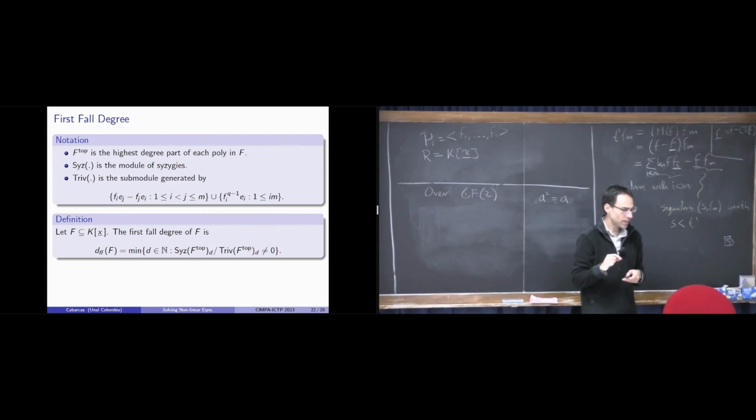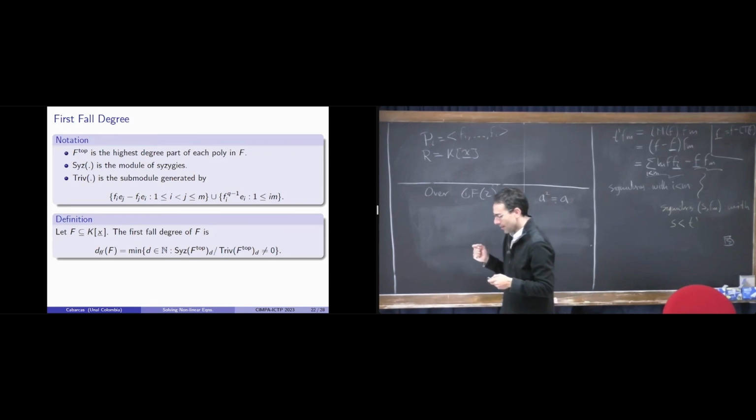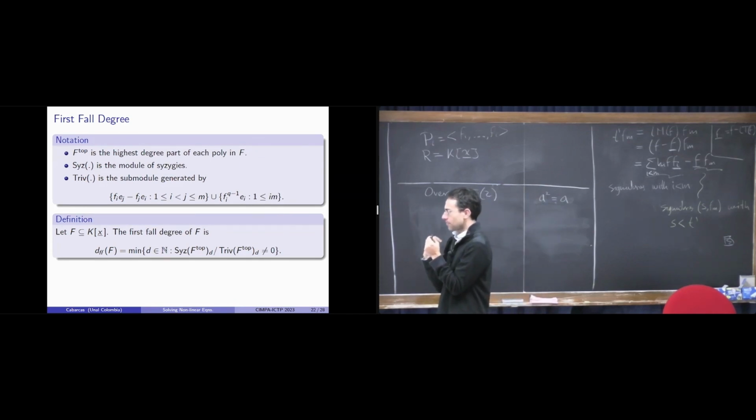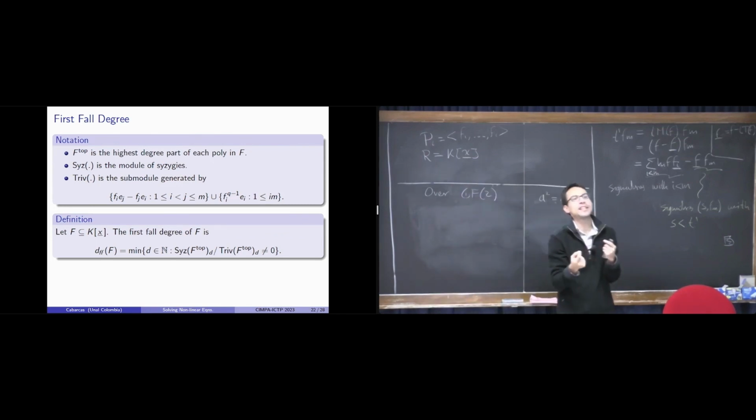Now, the degree of regularity works very well when we're talking about homogeneous sequences. But for non-homogeneous, it's a bit more complicated because you get these drops in degree. And there are examples. So the notion of regularity has been extended to non-homogeneous polynomials in two directions.